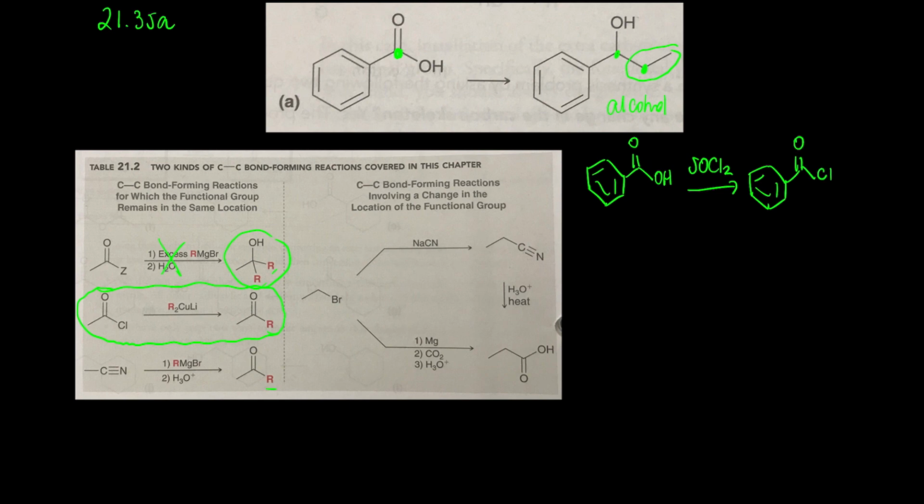And then I can treat this with an appropriate Gilman reagent. Okay, so R would be ethyl in this, so we're just replacing that red R here with the ethyl. Okay, and that will make a ketone.